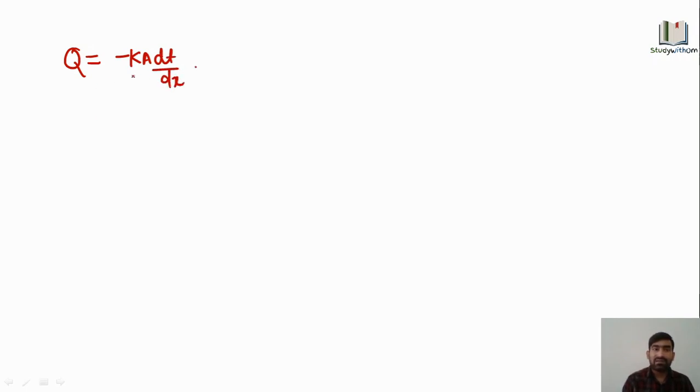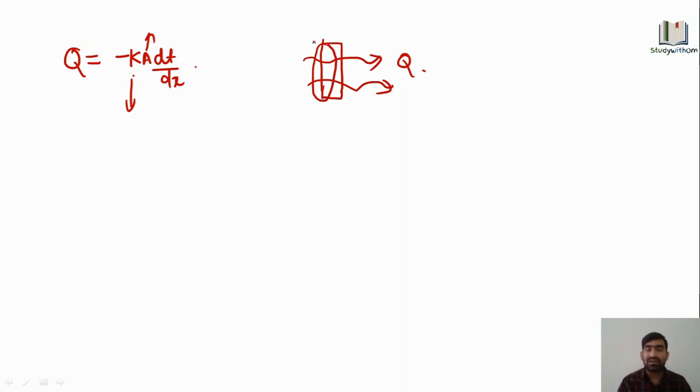Here K is the thermal conductivity which is given, and area is the exposed area from where heat is flowing. Suppose this is a wall and heat is flowing in this direction, then we need to understand which area we are going to consider. So this area is the point of consideration here for the heat transfer, right?